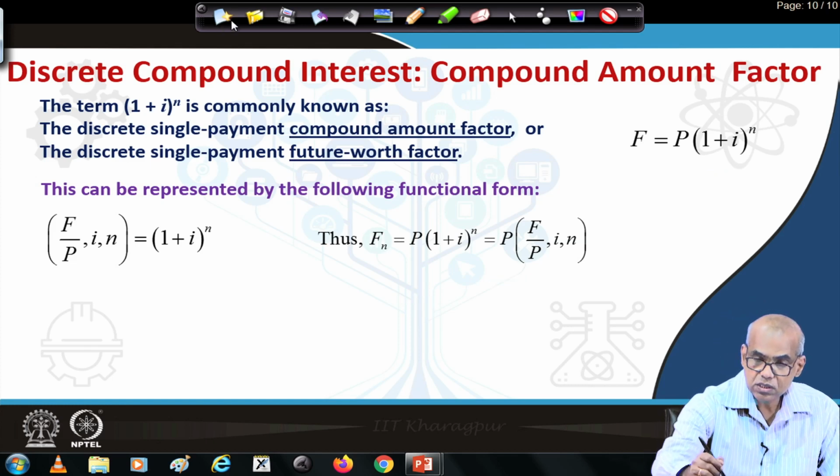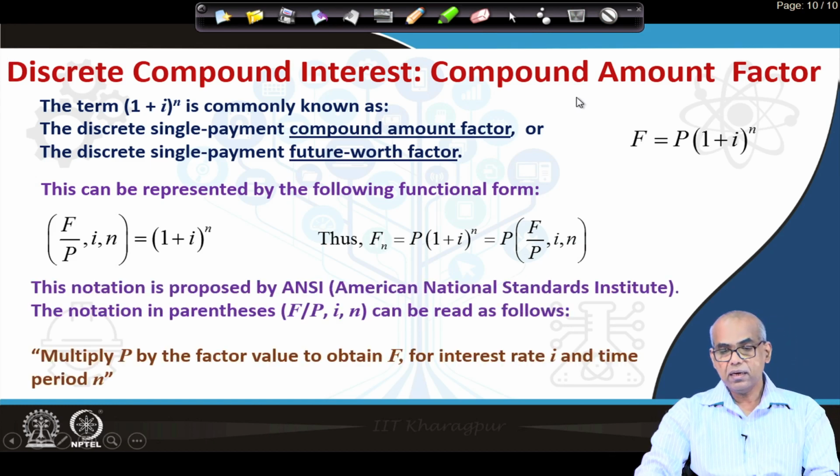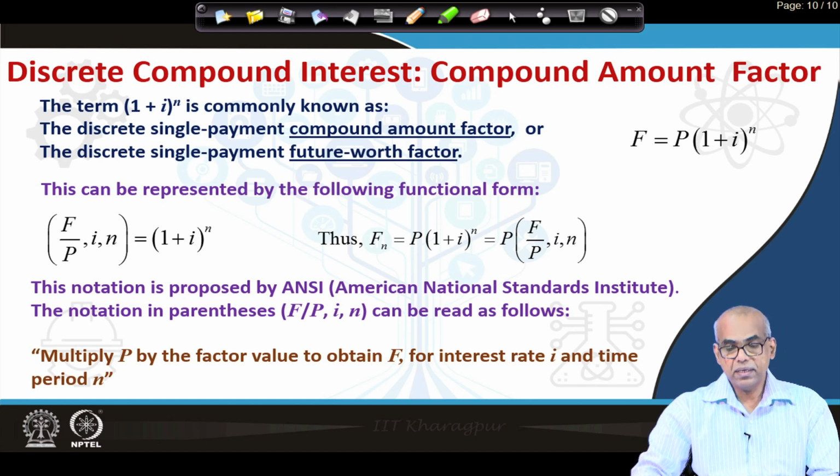Now, this notation has been proposed by the American National Standards Institute. The notation F by P comma I comma n can be read as follows: multiply the principal P by the factor value to obtain the future value F for interest rate I and time period n.